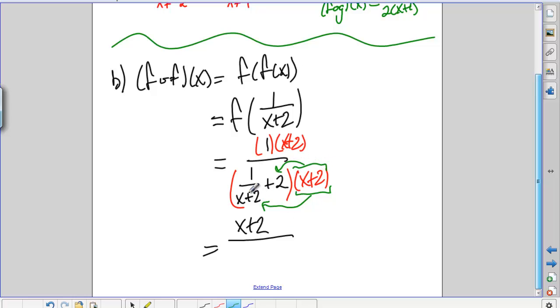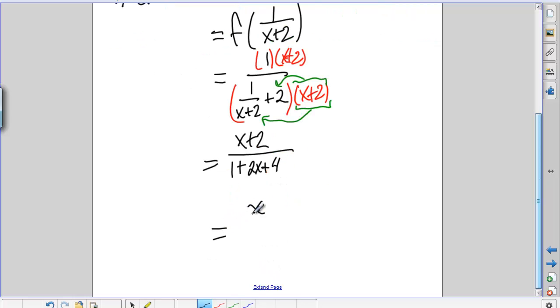For the first product, 1 over x plus 2 times x plus 2 cancels out and just leaves us with a 1. And then we have 2 times x plus 2, which is 2x plus 4. So we get x plus 2 over 2x plus 5. So that's f of f of x.